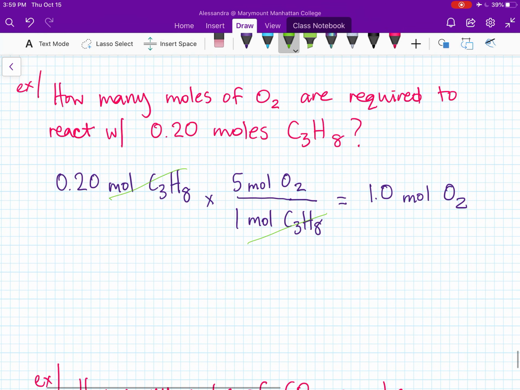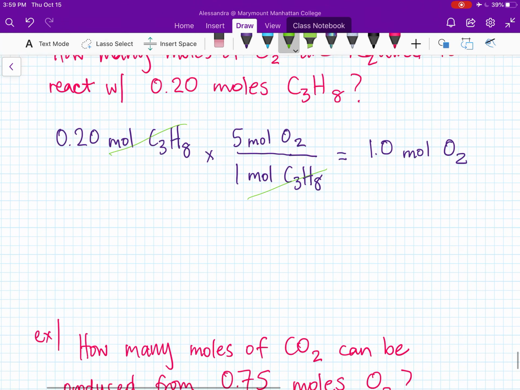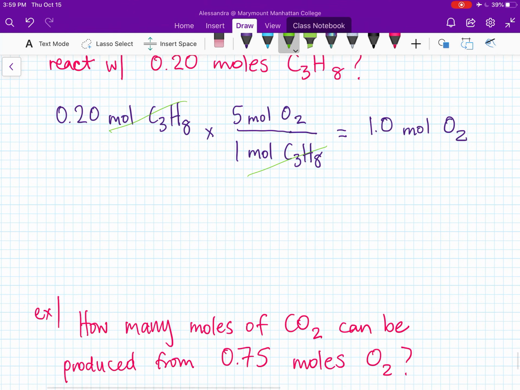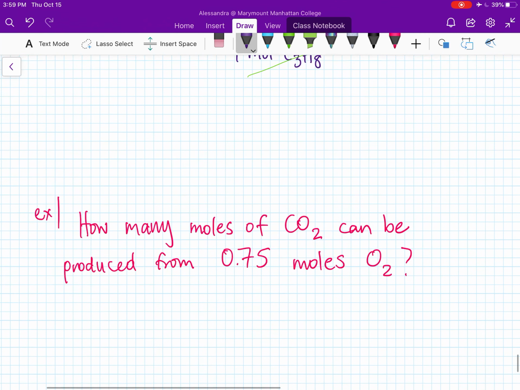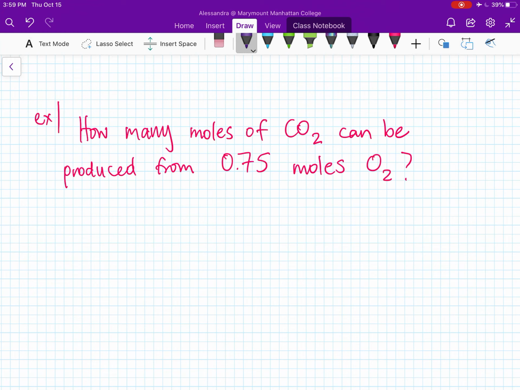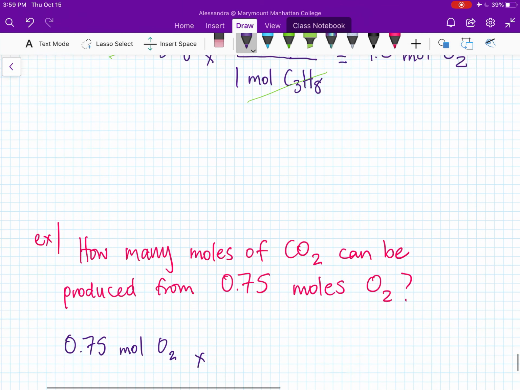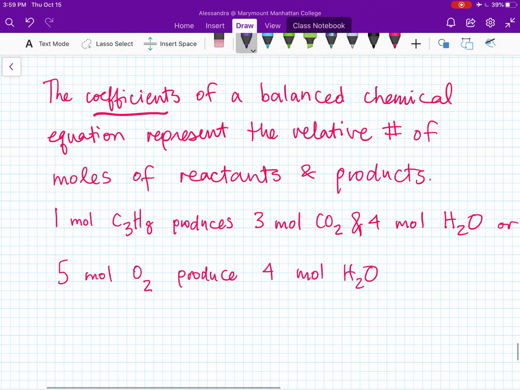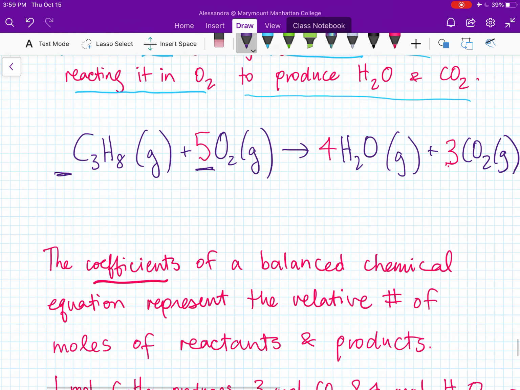So let's do another example. How many moles of carbon dioxide can be produced from 0.75 moles of oxygen? We can approach it in exactly the same way using the stoichiometric relationship of CO2 to oxygen. I have 0.75 moles of oxygen, and the ratio of carbon dioxide to oxygen is given by the balanced chemical equation.